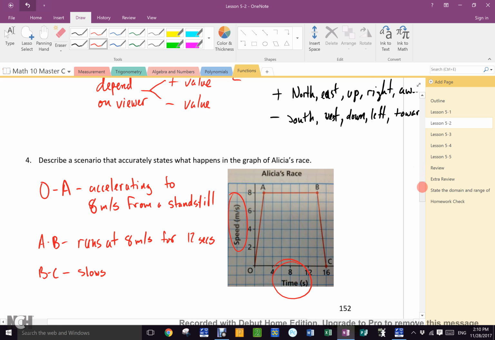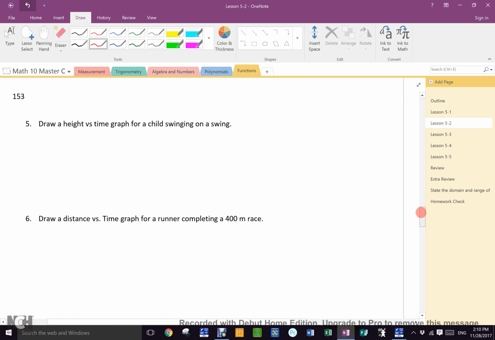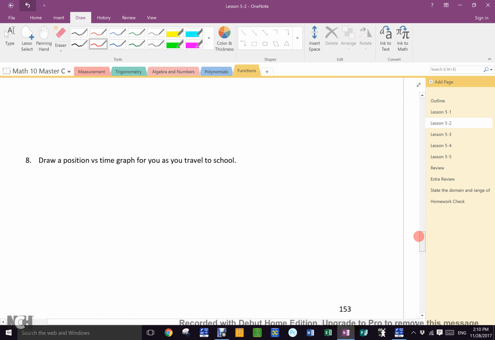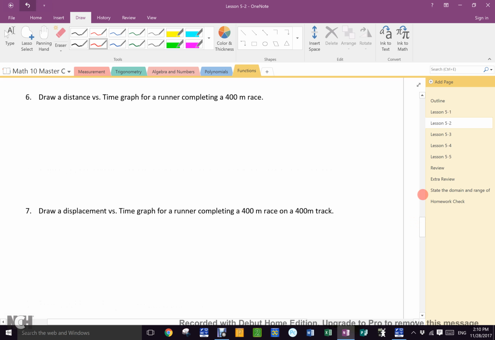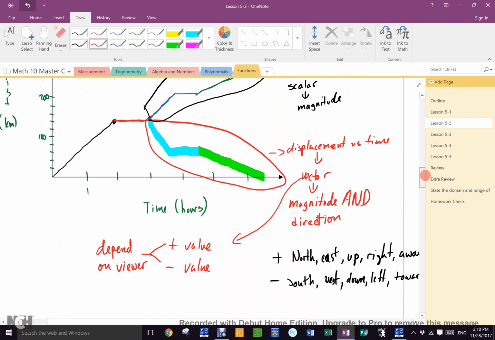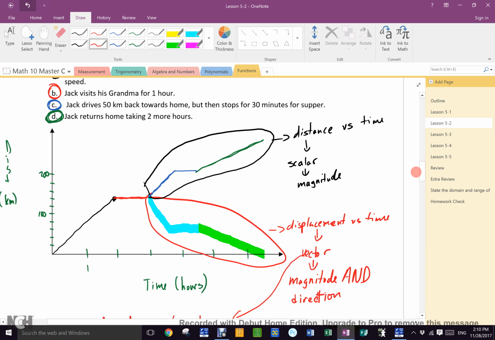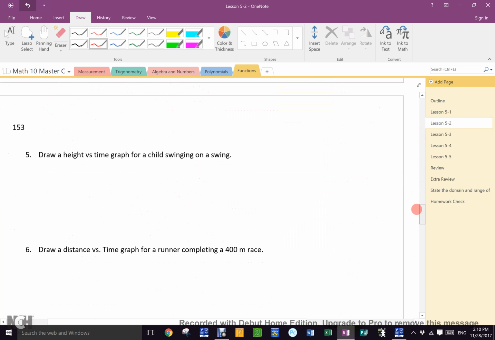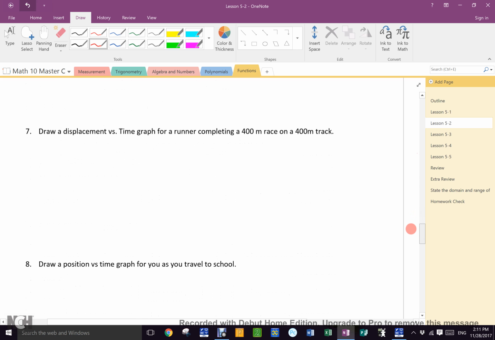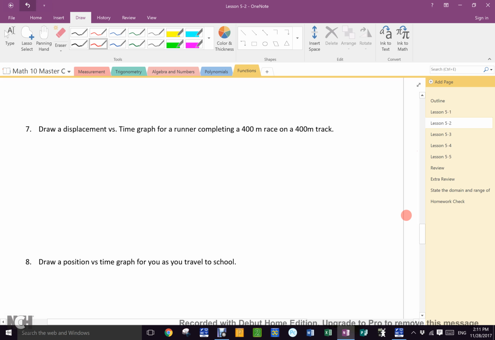Okay. I am going to ask you to do page 153 tonight. You have to draw 4 graphs. Now listen. You need not get out rulers and measure. They can be sketched just like this one was. Now, the other thing to remember, 5, 6, and 7 are all going to be about the same, right?